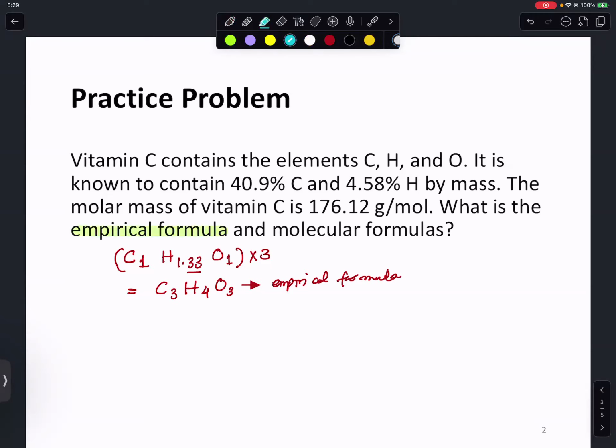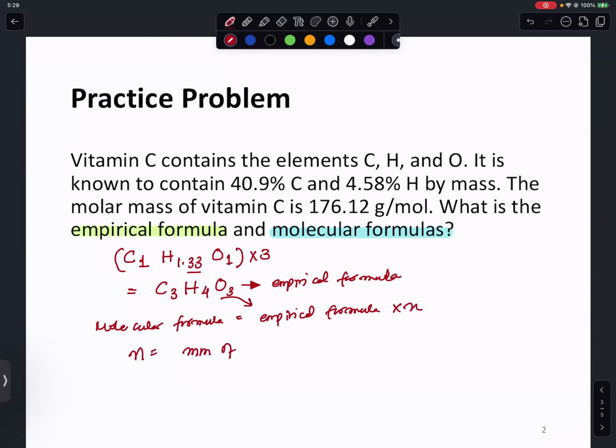Next part is I want to determine the molecular formula. So the molecular formula is the empirical formula, which we already determined, which is right here, times N. And N right here is the molar mass of the molecular formula divided by the molar mass of the empirical formula.